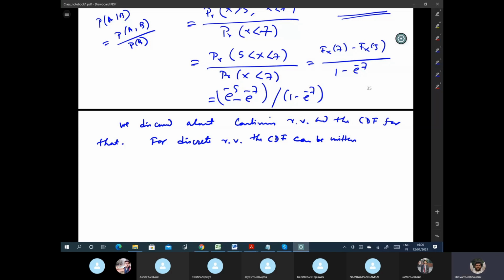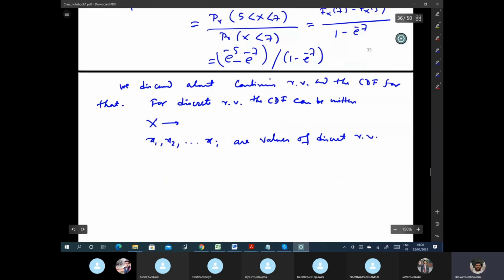So let's say X is the discrete random variable, and xi, that means x1, x2, dot dot dot xi, are the values which the discrete random variable can take.